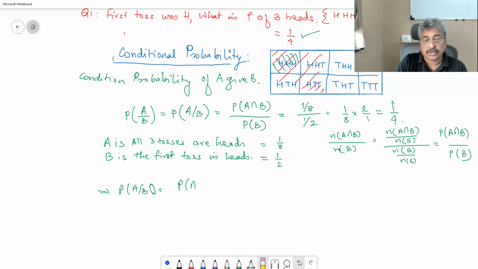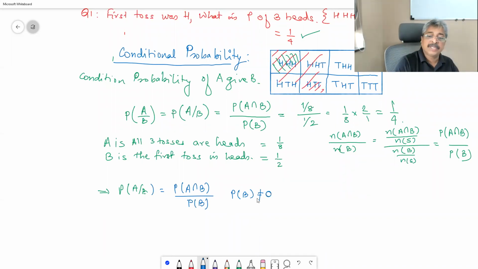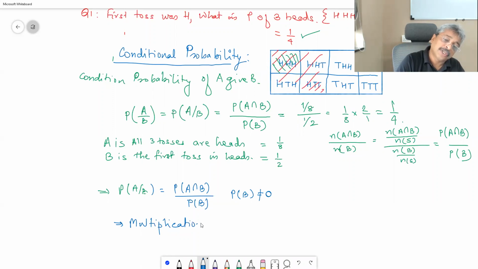So if this conditional probability definition is correct and understood, then probability of A given B is equal to probability of A intersection B upon probability of B. Of course, probability of B should not be equal to 0. If probability of B is 0, then A given B does not make any sense. But if probability of B is not equal to 0, then we get the multiplication rule or theorem.